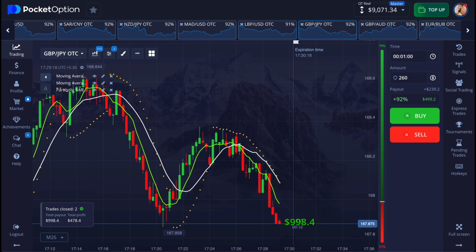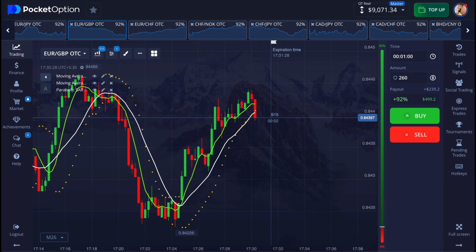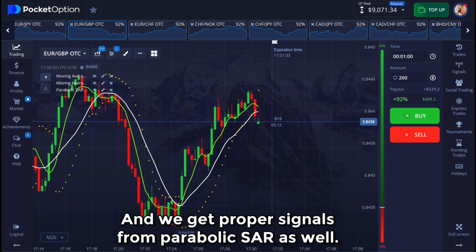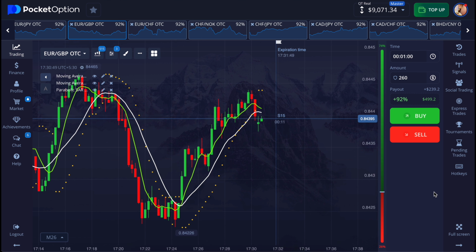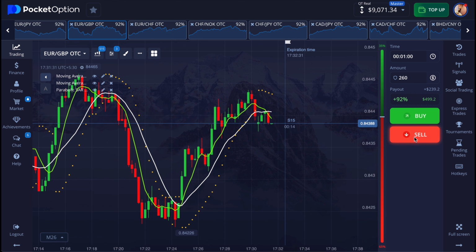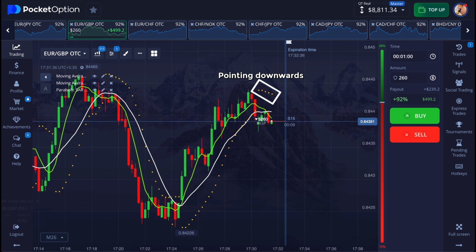Good, here the market has shown the same movement and our second entry has also won here. So here we will wait a little so that the cross is formed properly, and we get proper signals from parabolic SAR as well. So now we can place an entry here. Here the dots of parabolic SAR are formed above the candles.